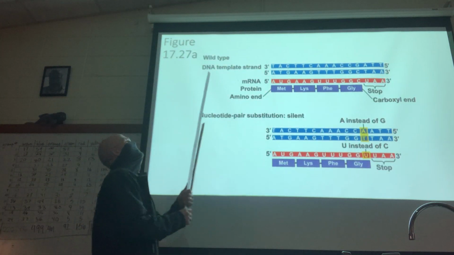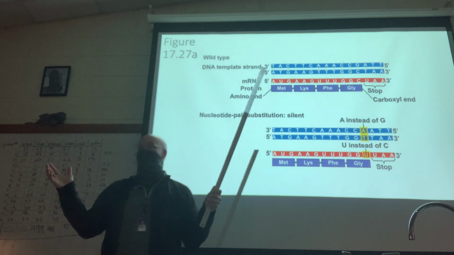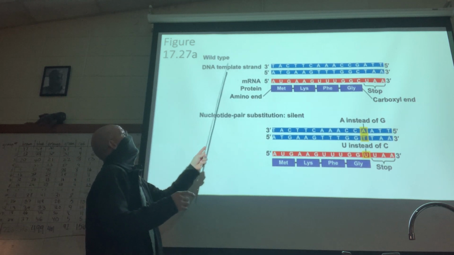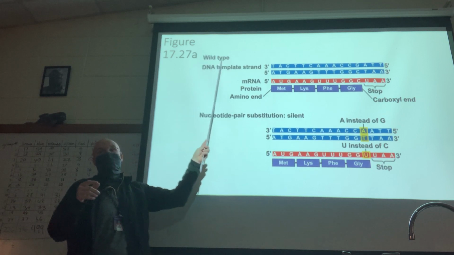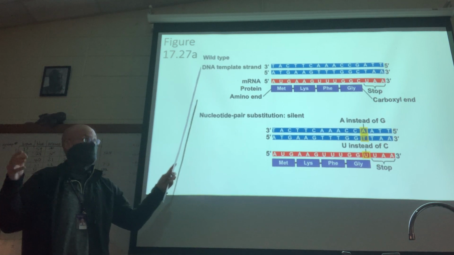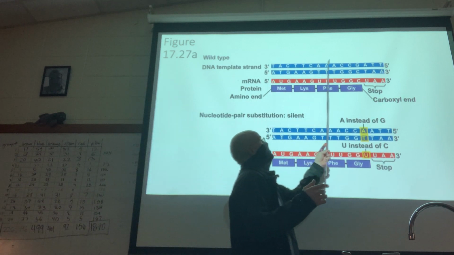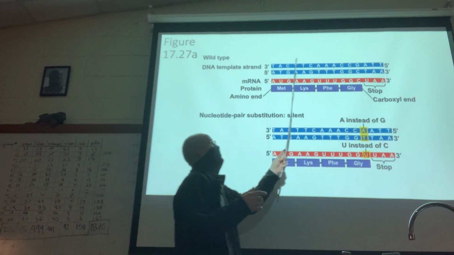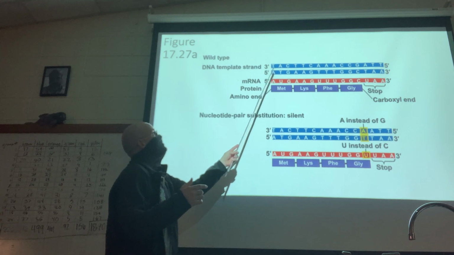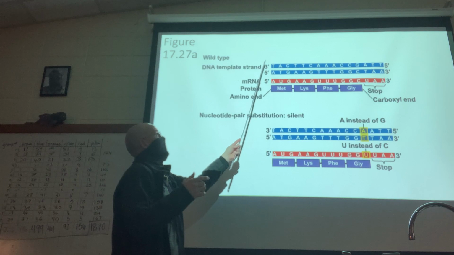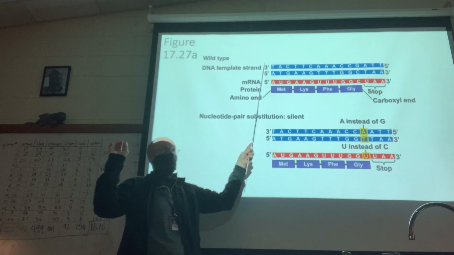No problem. So, in this example here, and in all these examples, we have what we call our wild type DNA sequence. This is our DNA sequence right here that we're going to go with every time. Notice it starts with TAC, T-A-C, and the template strand is going to be this top one.